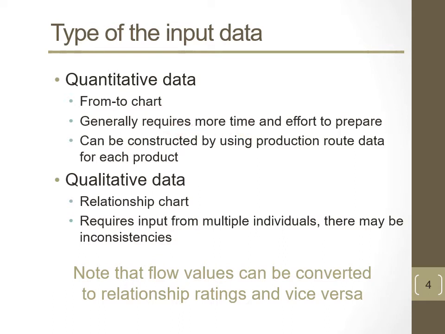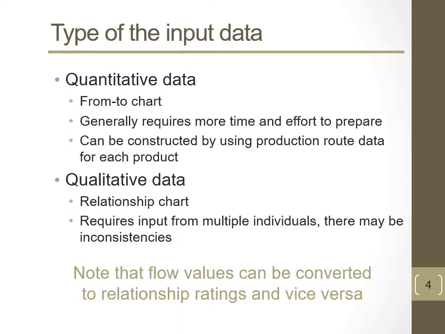In order to construct these from-to charts, you need the production route data for each product. Even if you are producing 1,000 different types of products, you need to collect all the production routes and demands of these products, and then you need to combine them.